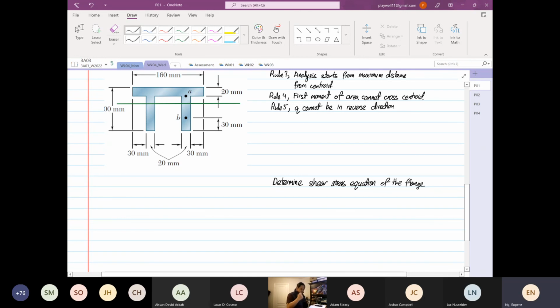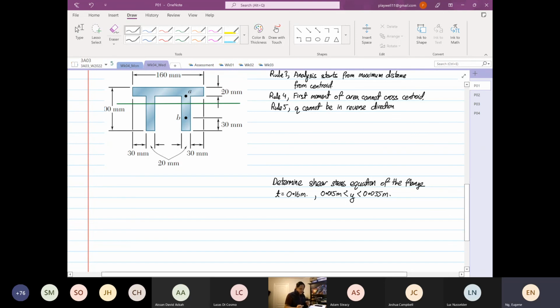Why we have to determine the flange first is because the thickness is equal to 0.16 meter. And then the limit of this equation will be y from 0.015 meters to 0.035 meters.